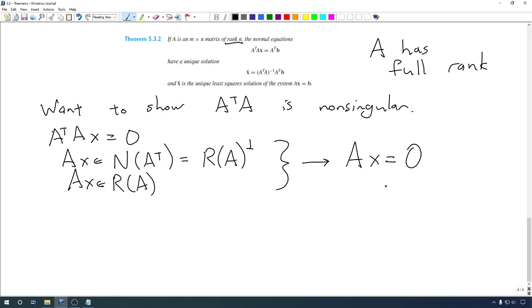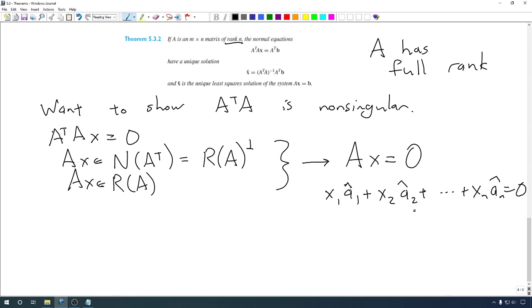Here's where the fact that A is of rank n comes in. Remember, that means that the columns of A are linearly independent. What do we have here? We're saying this linear combination of the columns of A equals 0. If x was x1 through xn, we're just taking x1 times the first column of A, and so on and so forth, up to xn times an.